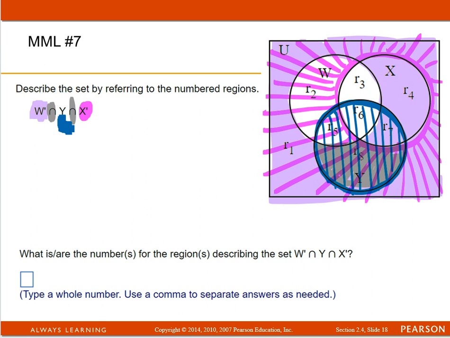And that is labeled, let's see, 1, 2, 3, 4, 5, 6, 7. That is region 8. And again, it just says what is or are the numbers. So here I'll just type in 8. It's just that one region where all three colors overlap. I hope you can see that. And I'm going to end this video here.